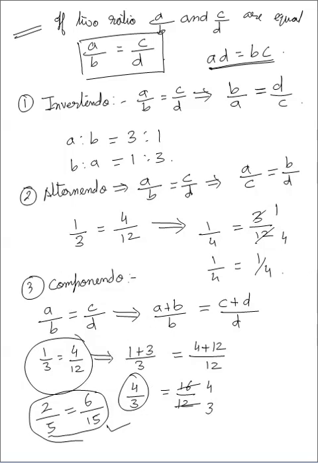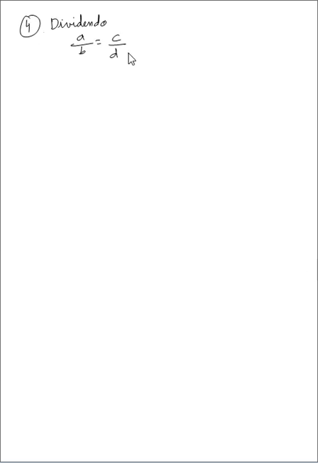But in dividendo we will be subtracting. So let me write here: it will be A minus B divided by B is equal to C minus D divided by D.